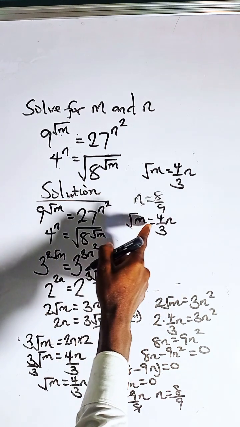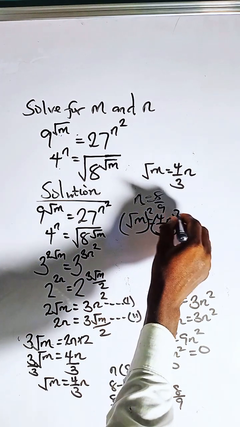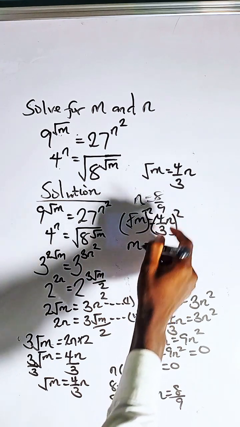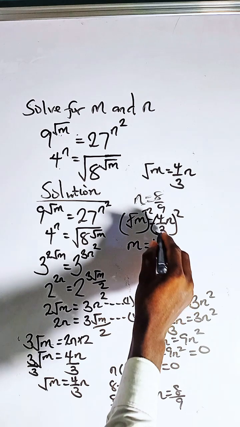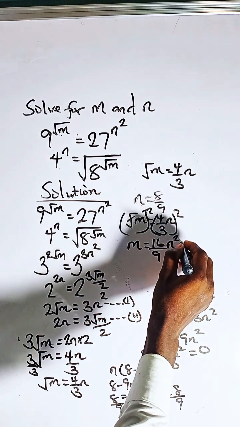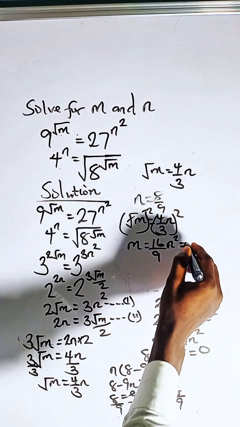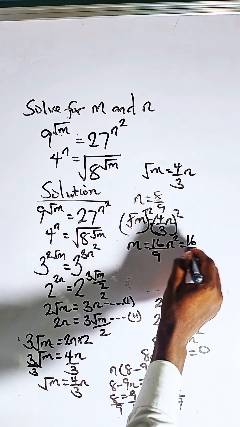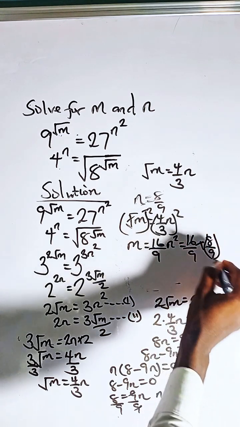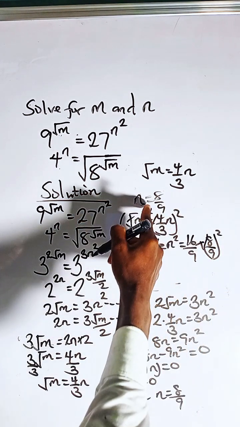To take care of the root, we need to square both sides. So we have m equals 4 squared, which is 4 times 4, that is 16, over 3 squared, which is 3 times 3, that is 9, times n squared. We know the value of n is 8 over 9, so we have 16 over 9 times 8 over 9 squared.